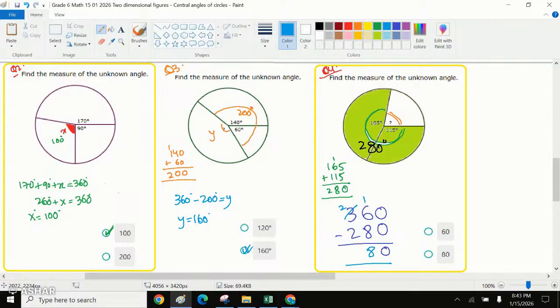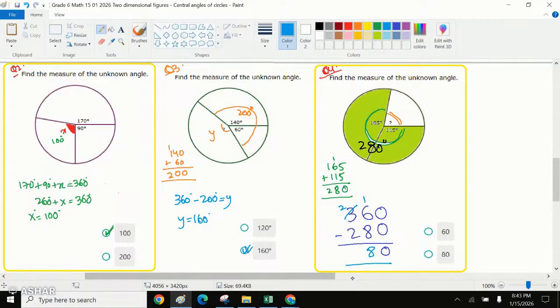So 165 plus 115 is 280. Right? You gave the same answer. Correct answer, 280. And 360 minus 280 is, I just showed you the working. Why would you change your answer?